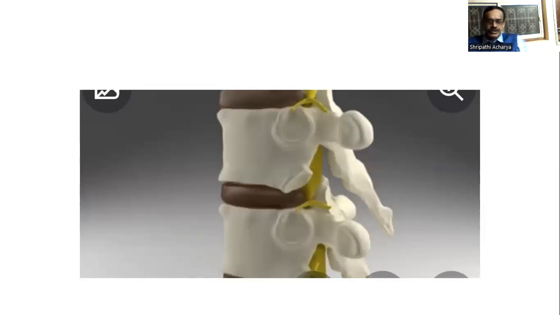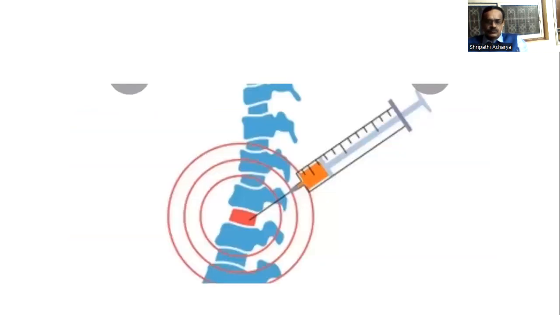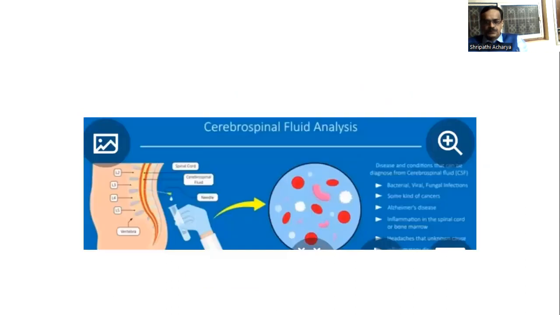This is a figure showing the vertebral column and intervertebral disc. Here is the patient undergoing lumbar puncture. The second and third intervertebral disc space we are taking.